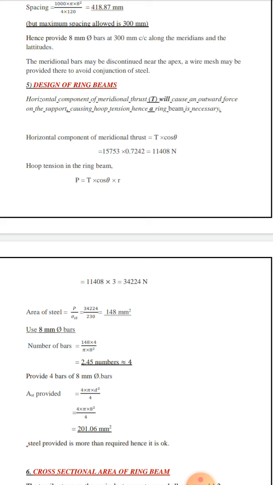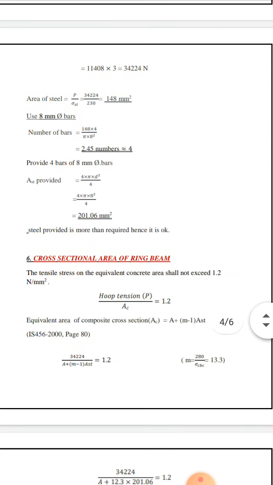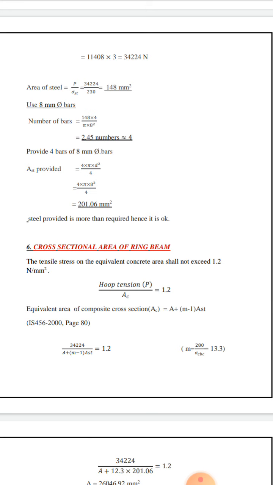Area of steel is P by sigma st, and sigma st for Fe415 steel is 230. Use 8 mm diameter bars, so the number of bars is 4. Ast for 4 bars of 8 mm diameter is 201, and the required is 148, so it is okay.